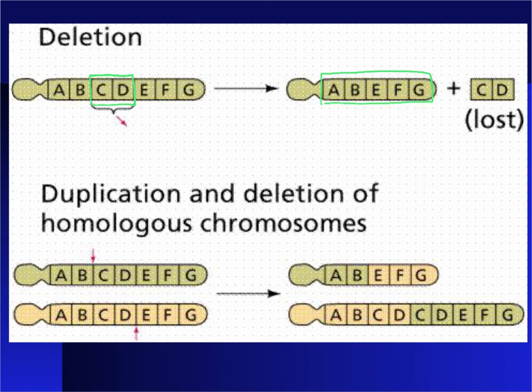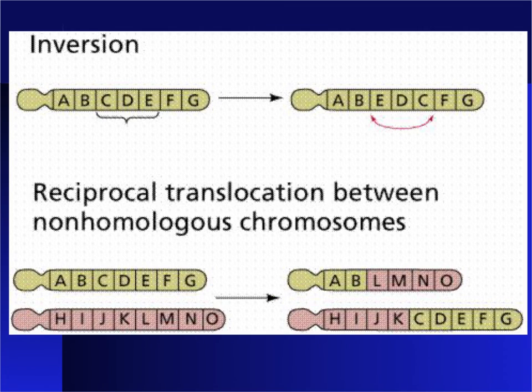A duplication occurs if you've got part of a chromosome that breaks off, so it's deleted from one area and then it's added to a new area, and so then that can become a duplication or deletion. An inversion is when the sequence goes the wrong direction.